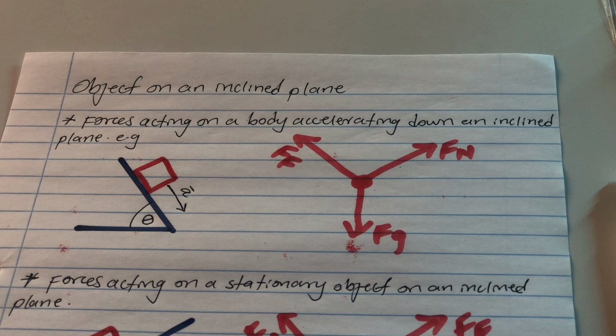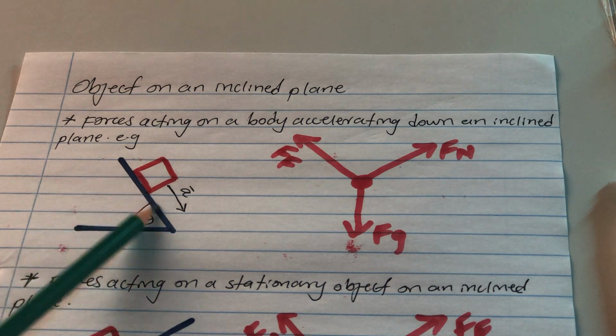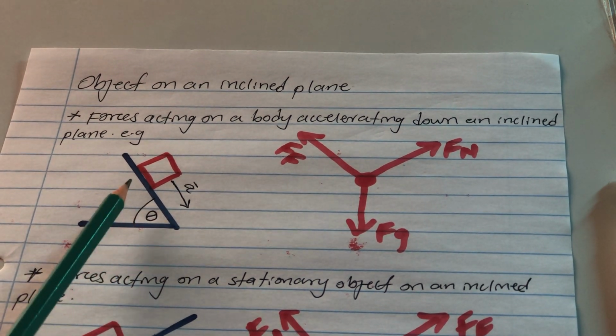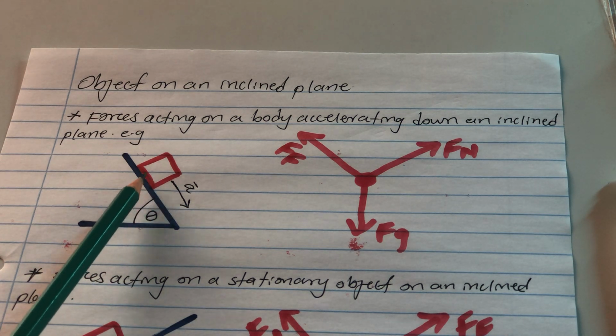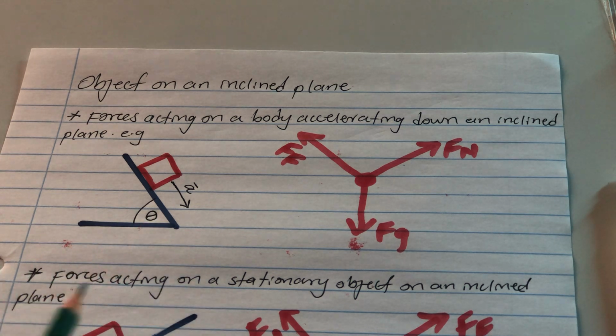Here is another example. This time we are going to look at an object which is on an inclined plane. You can see that our surface here is at an angle theta, and we have an object which is on the surface which is at an angle theta.